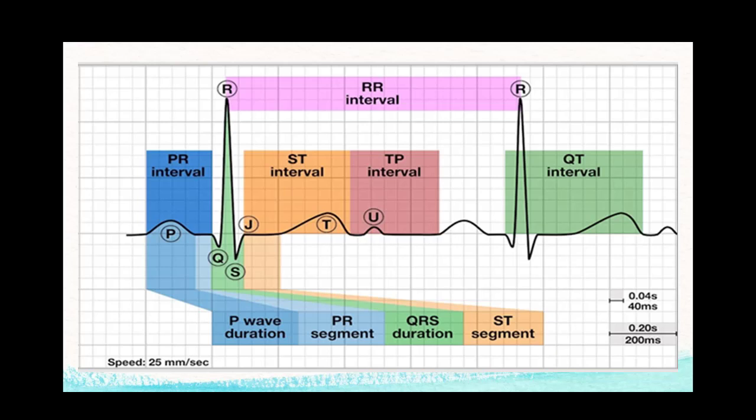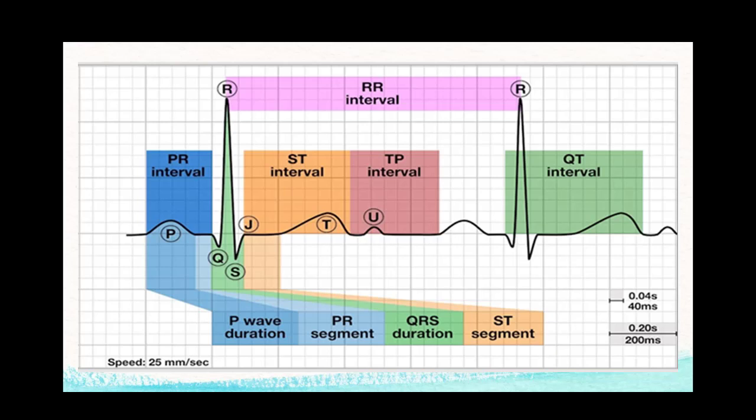That's when the ventricles are firing, and electrically, what that means is that the ventricles are squeezing the blood out of the heart. So that is systole of the heart. And then from there, the heart gets ready to fire again. When the ventricles get ready to fire again, that's the T wave.